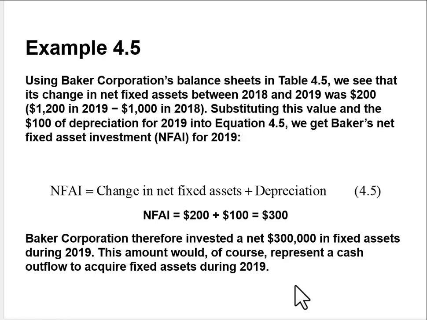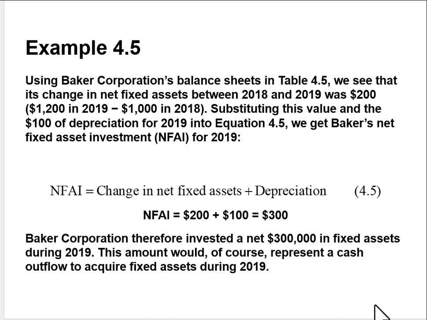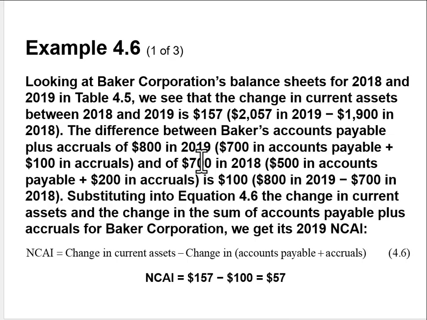So let's go back to our example. What is the net fixed assets for this company? Well, we have change in fixed assets. It increased $200. There was $100 of depreciation. So the net fixed assets increased $300,000. And of course, this is a cash outflow because we bought this asset. The assets increased. What about the change in current assets?